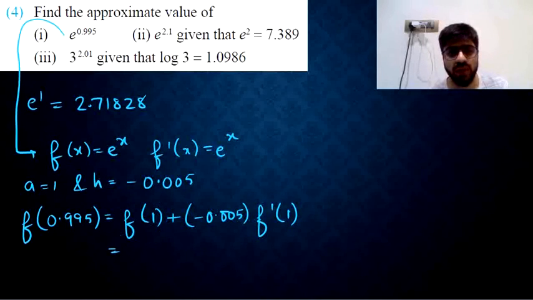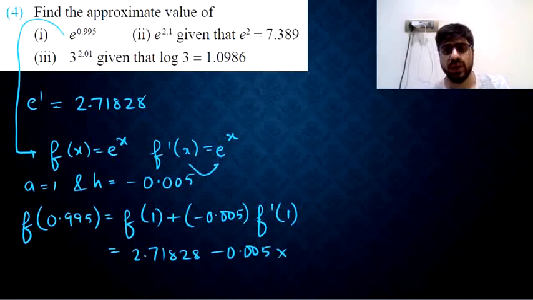So f of 1 will be e power 1, which is 2.71828, minus 0.005 into f dash 1, and that is also going to be e power 1, so into 2.71828.